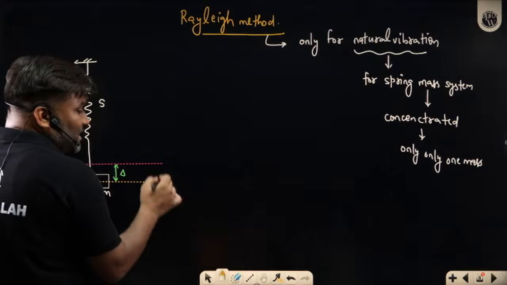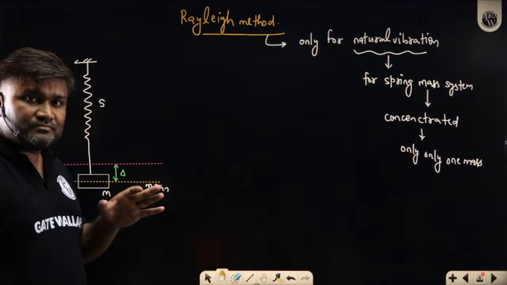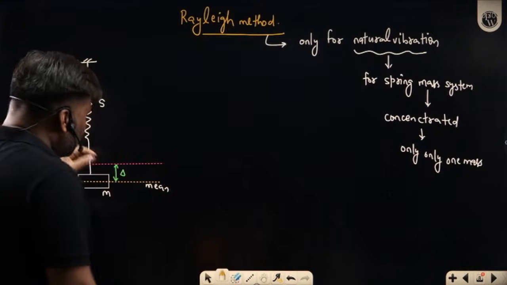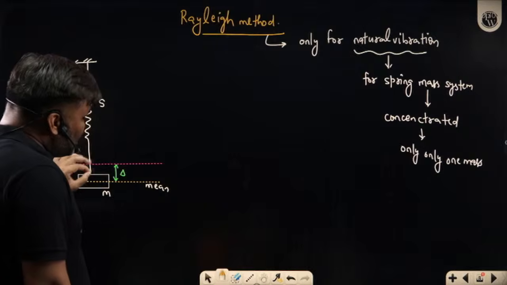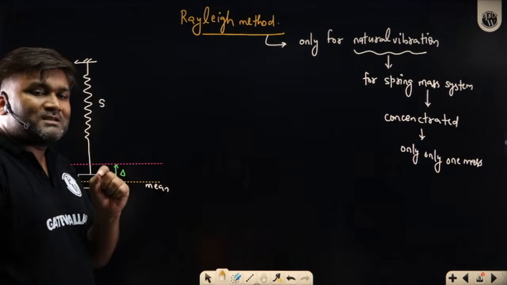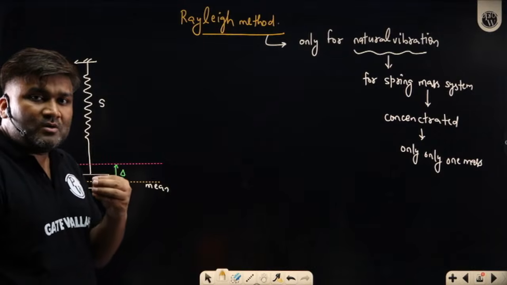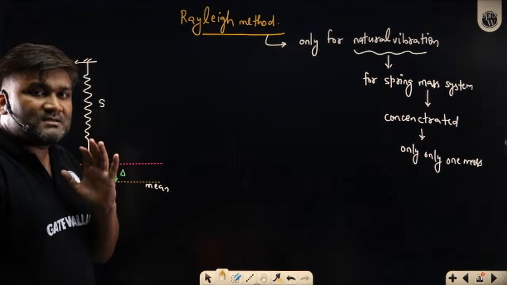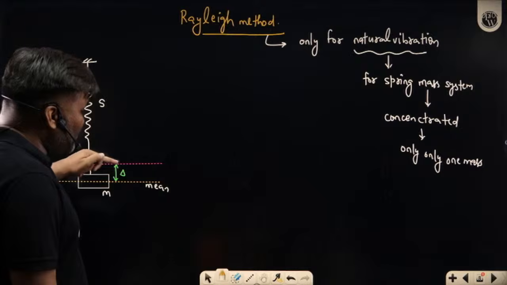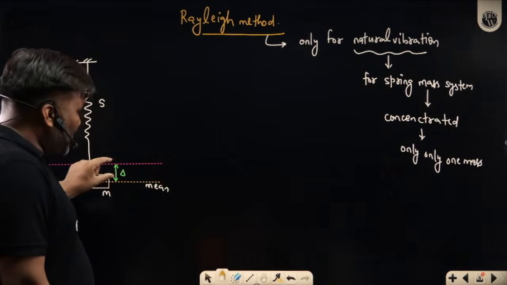From the initial to the mean, what is the distance your mass has traveled? Static deflection of the mass, not the spring. In this case, the spring is directly connected to the mass. So the spring's deflection and the mass's movement both look exactly the same. But keep that in mind, I am focusing on the static deflection of the mass. So mass m has moved from the initial position to the mean position by traveling this delta distance.